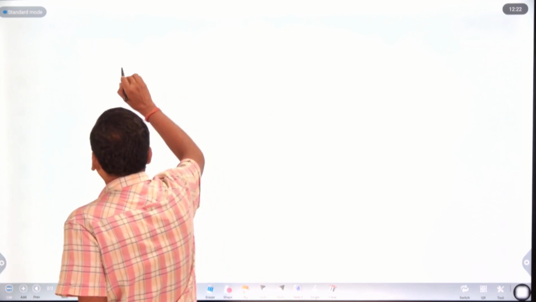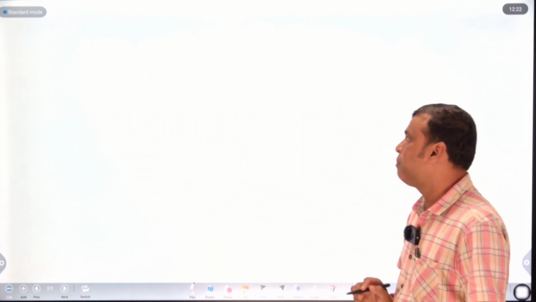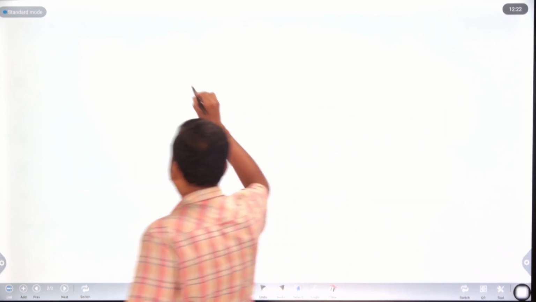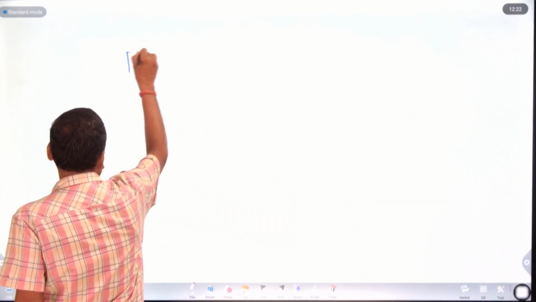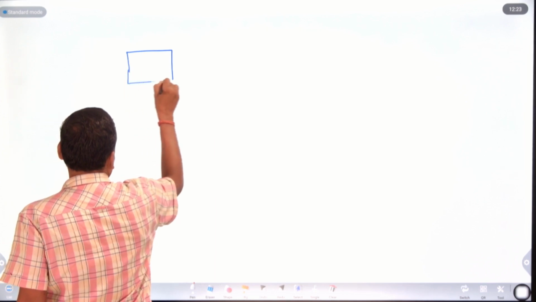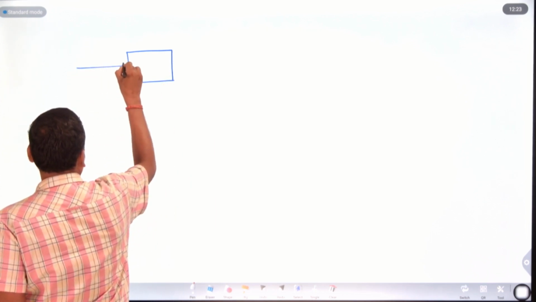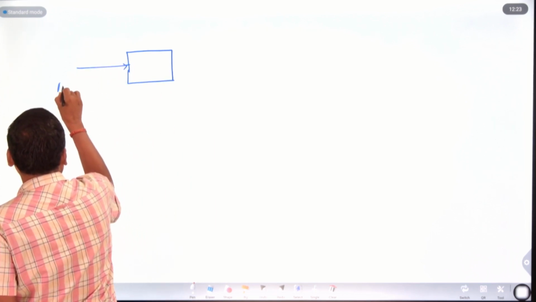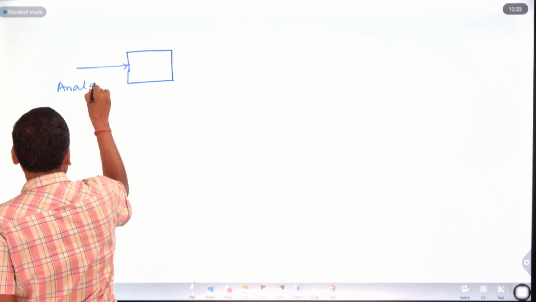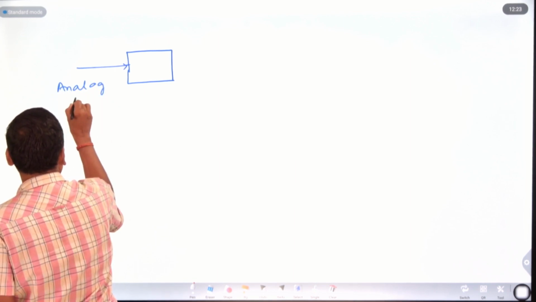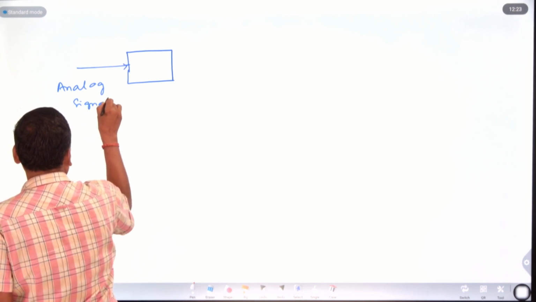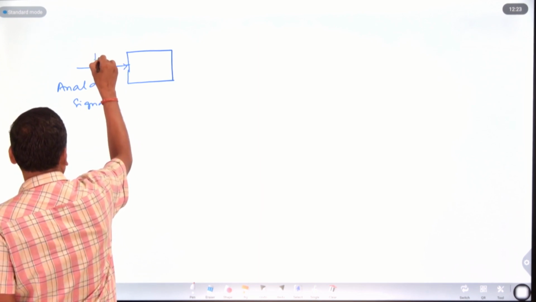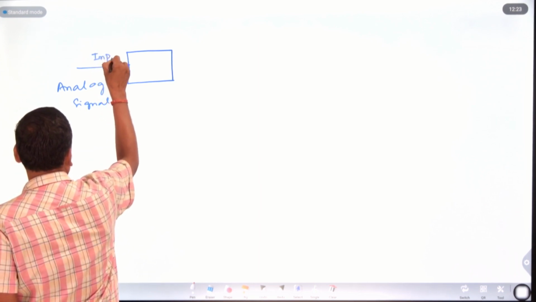Now, let us draw a block diagram of DSP, digital signal processing. First of all, we have the analog signal as the input.